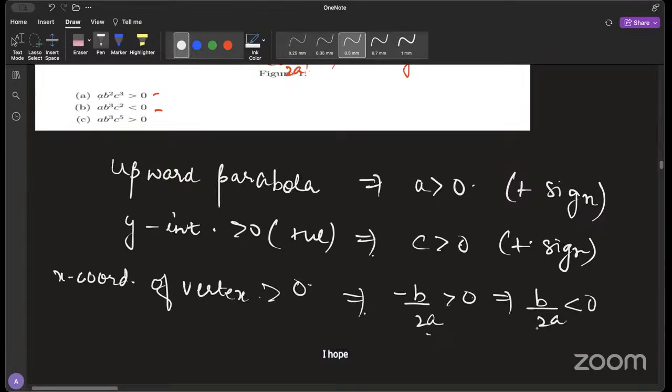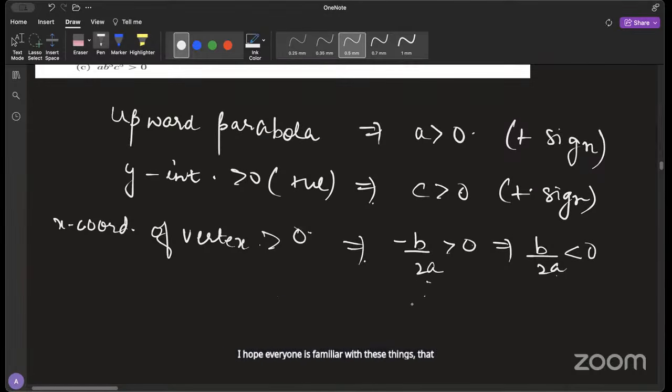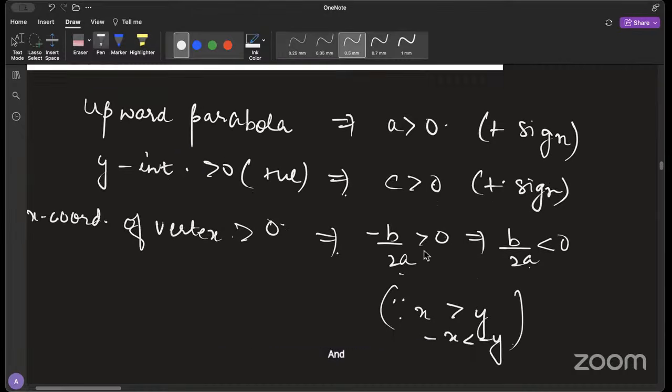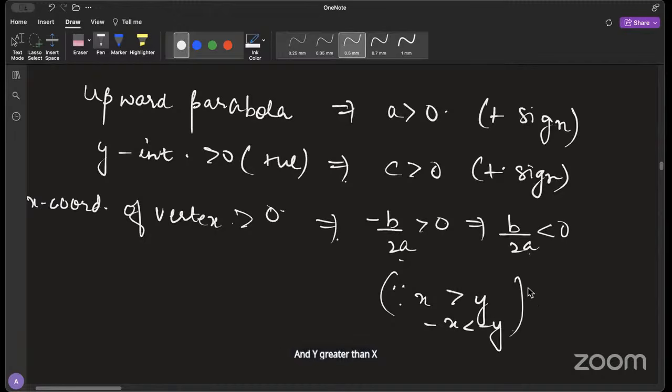I hope everyone is familiar with this: if you have a greater than b, then minus a is less than minus b. So I should write x and y here because a and b might sound confusing. If x is greater than y, your minus x should be less than minus y. And if y is greater than x, then minus y is less than minus x.